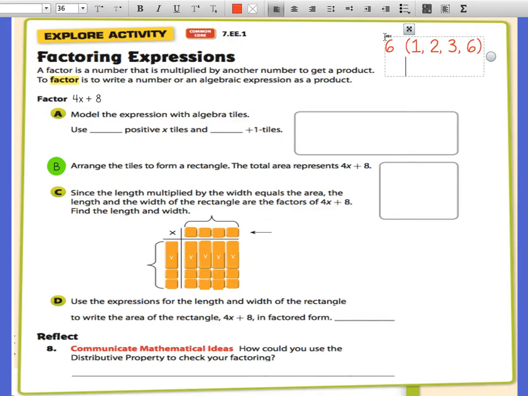And that's because I can do 1 times 6, and I can do 2 times 3. Okay? So when we factor, typically we talk about numbers, but now we're going to factor an expression. So we're going to take this expression, and we're actually going to undo the distributive property.